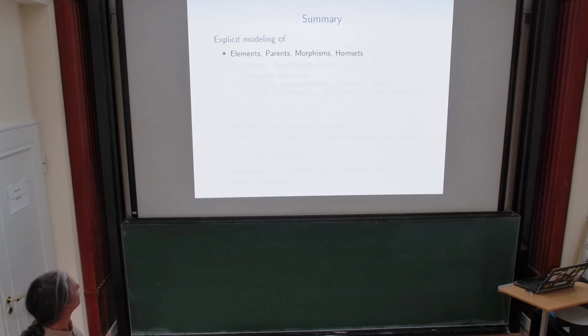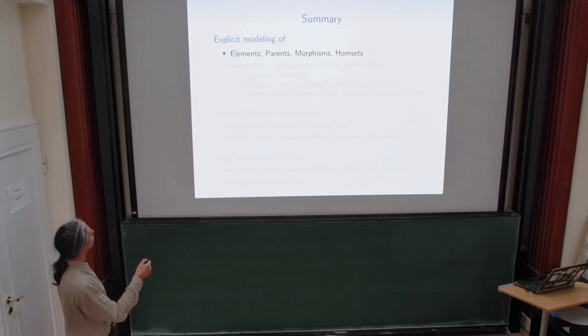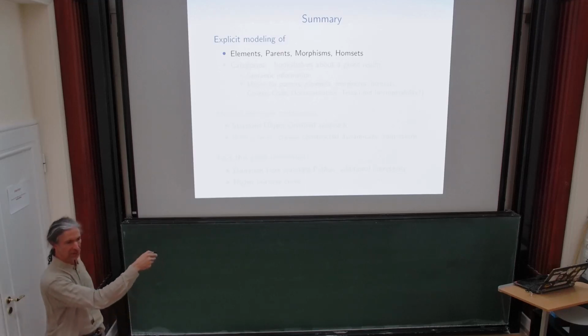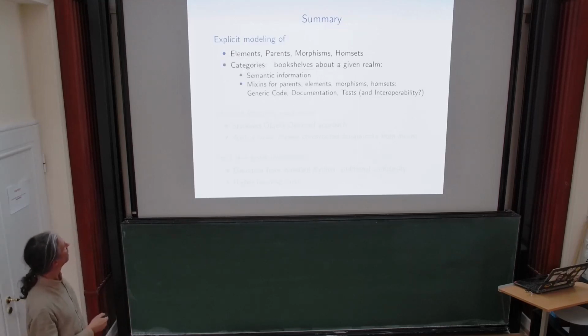Okay. So to summarize, in Sage we do explicitly model elements, parents, morphisms, and even things like onsets. You can see a category as a bookshelf.